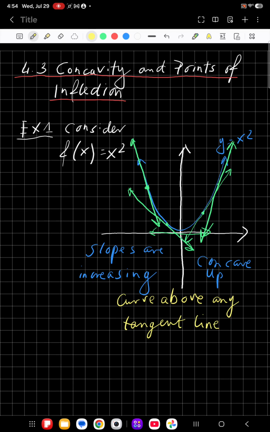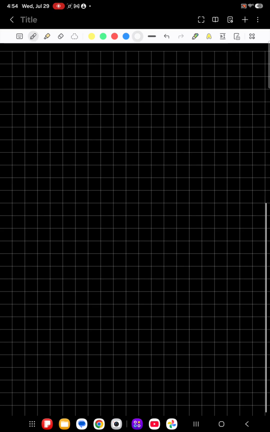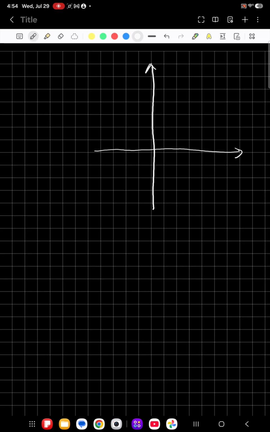Let's look at another example without calculating anything. We'll just have a graph. Example 2: f of x equals x cubed. Again, let's start with the graph. It's a cubic function, something like this.